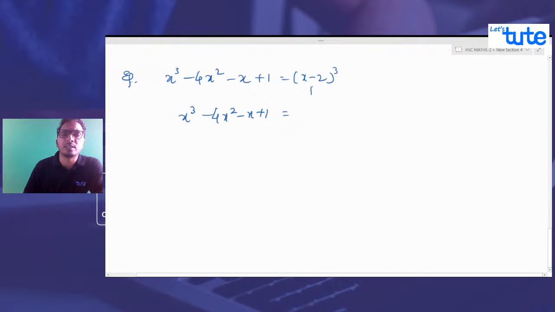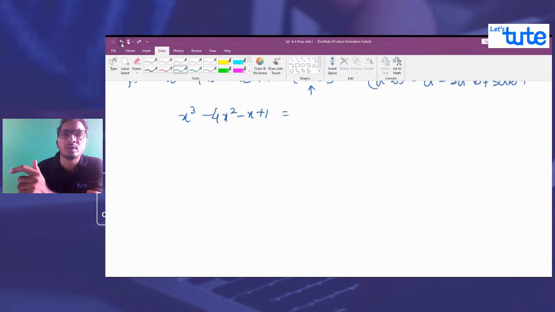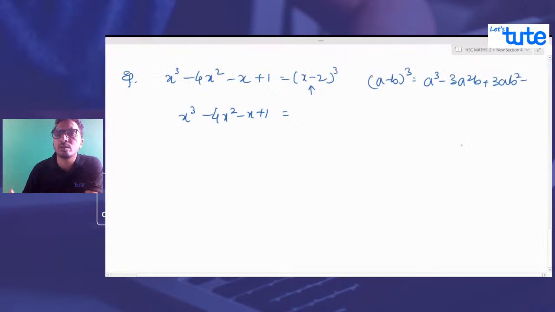Let us expand this with the formula a minus b whole cubed. What is a minus b whole cubed? It is a cubed minus 3a squared b plus 3ab squared minus b cubed. So this is the formula.